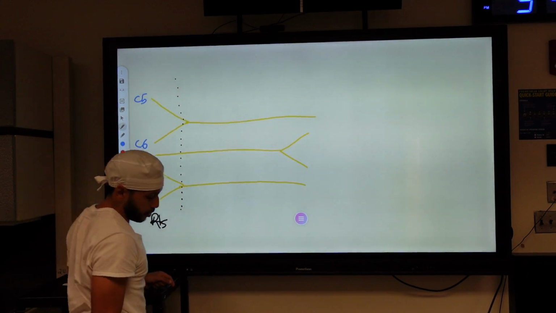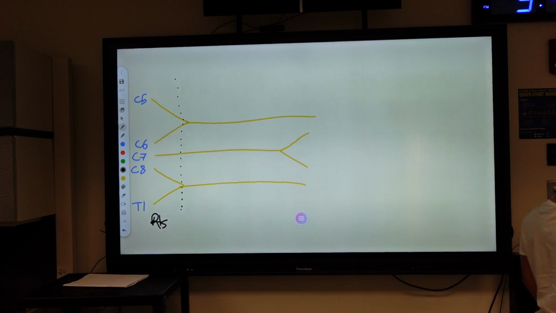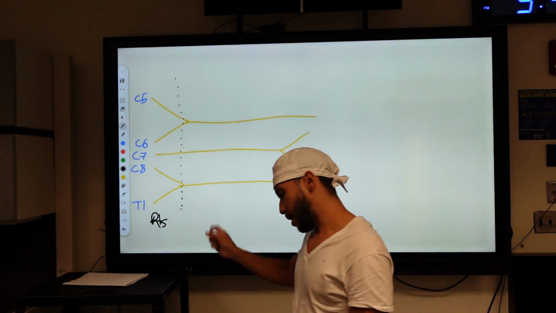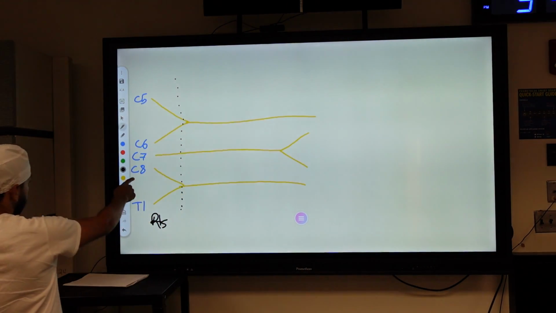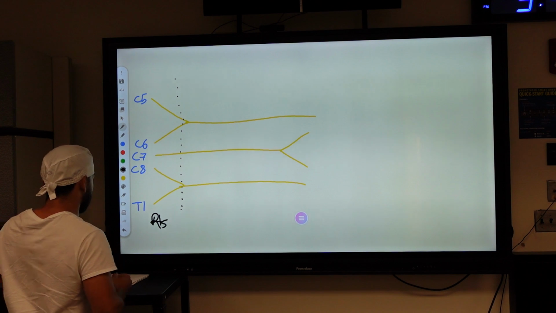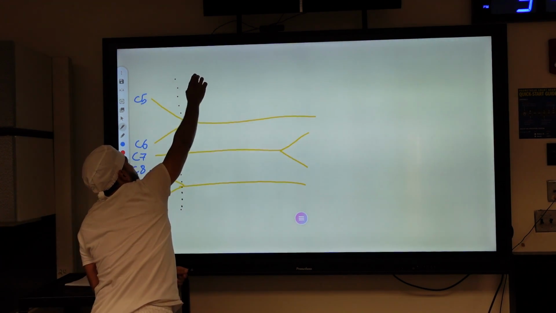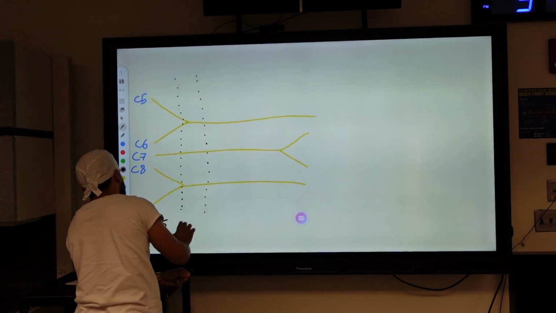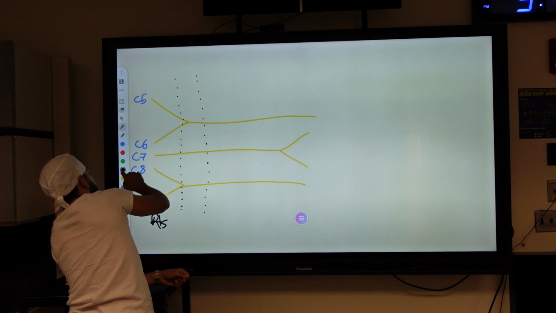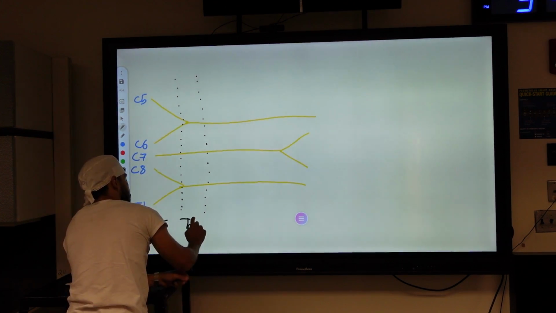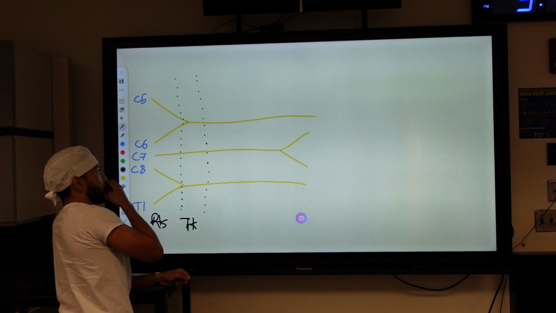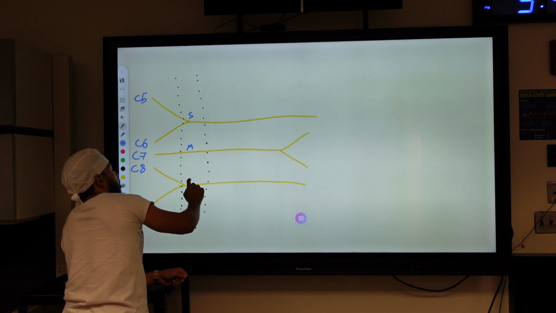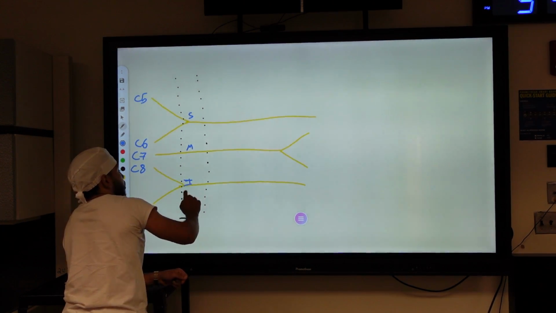You can see from here that C5 and C6 are joining together to form one structure, C7 by itself is running as one structure, and then C8 and T1 are joining together to form a third structure. So from here we can say that these three structures formed by the combination of these roots are going to be our trunks. These are our trunks: my superior trunk, my middle trunk, and my inferior trunk right here.